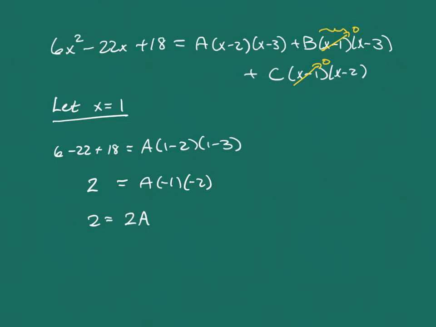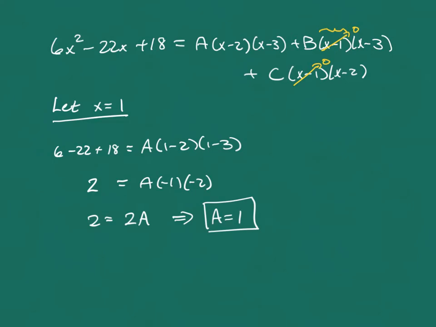And in that case, it's pretty easy to see that a is just going to be 1. And so this gives me an easy way of figuring out what my coefficients are going to be when I have linear factors, for which I can just plug in the appropriate value for x.